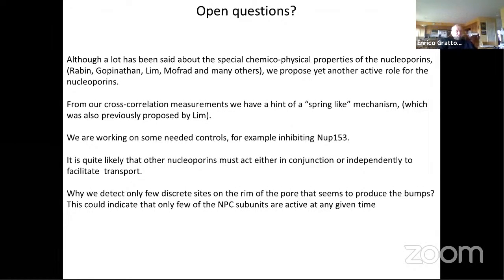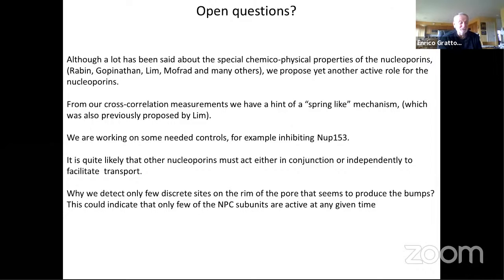Now we did those experiments. He inhibited the NUP 153, and there is no more traffic. But there is still a really large problem to solve, which is why the nuclear pore complex has 8 subunits.